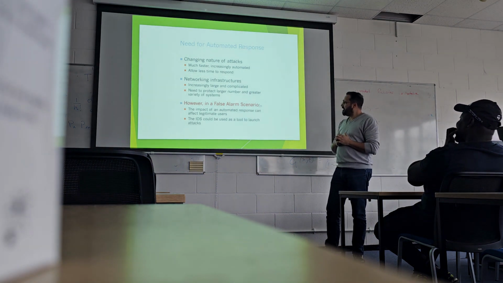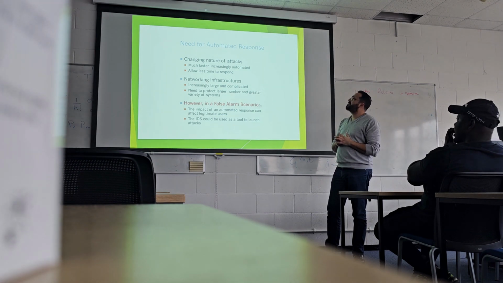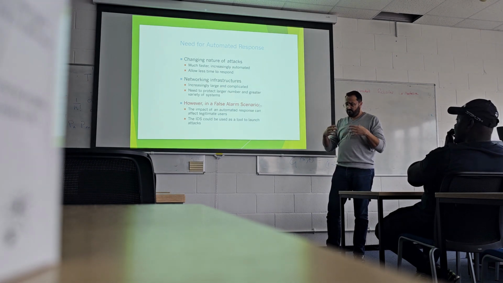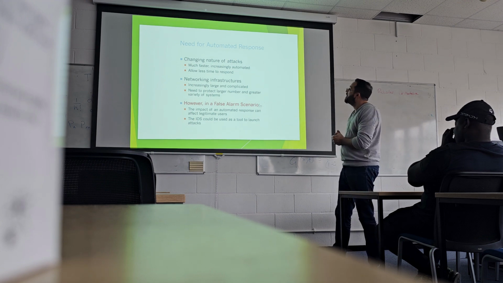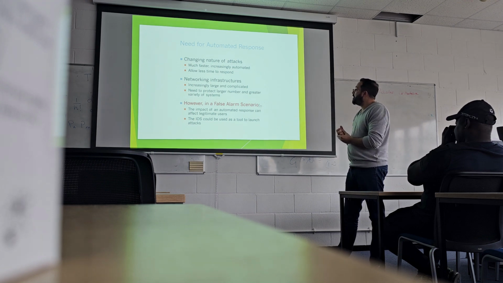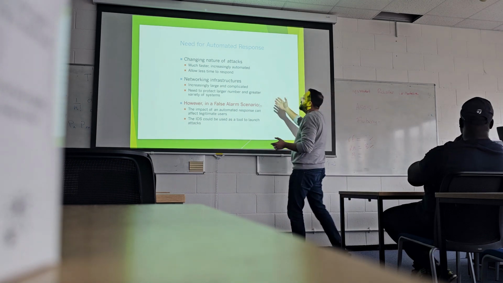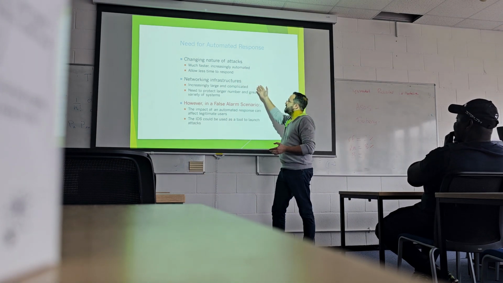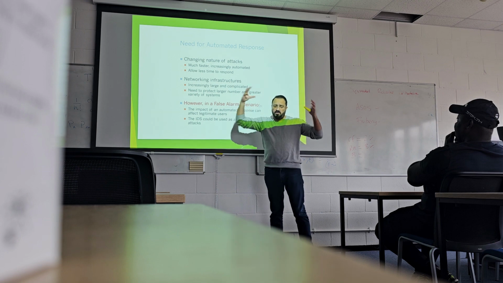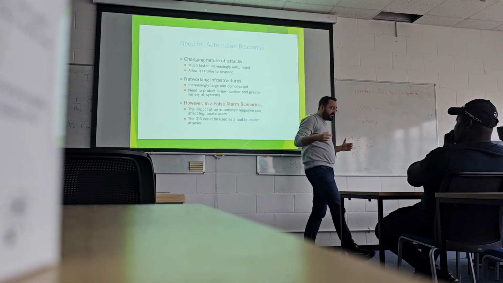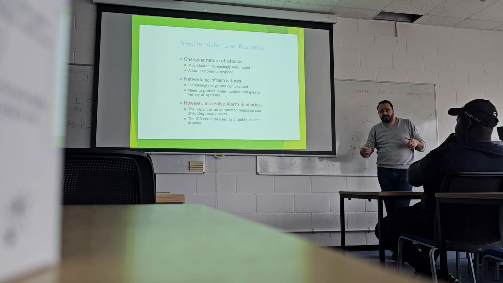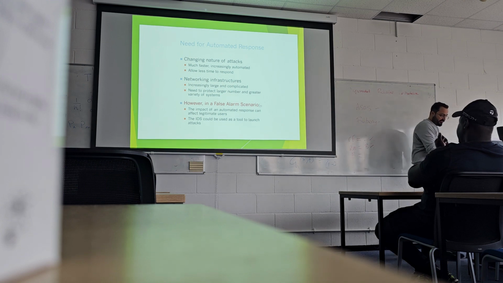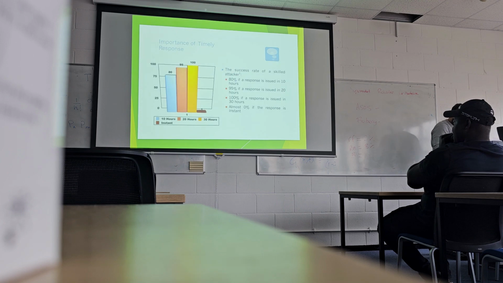The systems being developed from research in the last years are very good. Also, because of the changing nature of attacks, network infrastructures are getting larger with more devices. We need this automation in order to stop attacks. Else, we will have a lot of trouble.